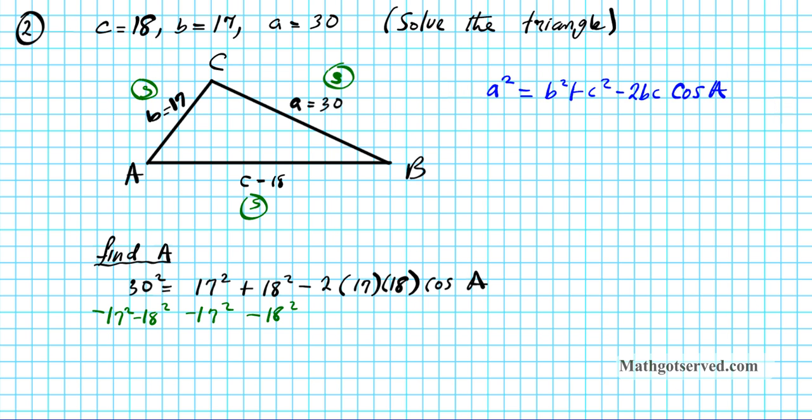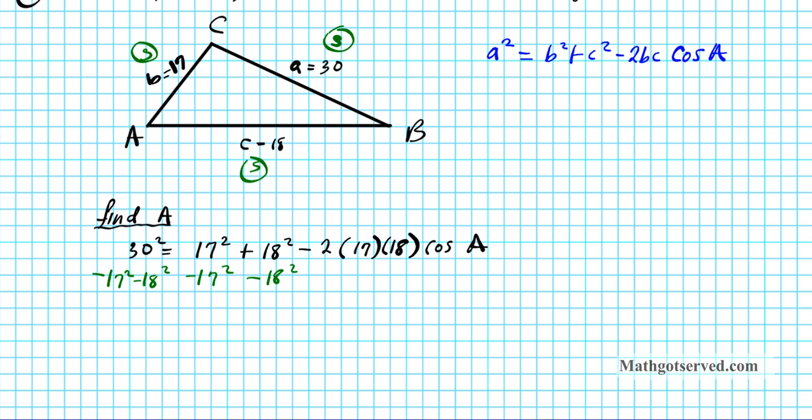Using the symmetric property of equality, I can switch this equation around. I'll have negative 2 times 17 times 18 cosine A equals 30 squared minus 17 squared minus 18 squared.